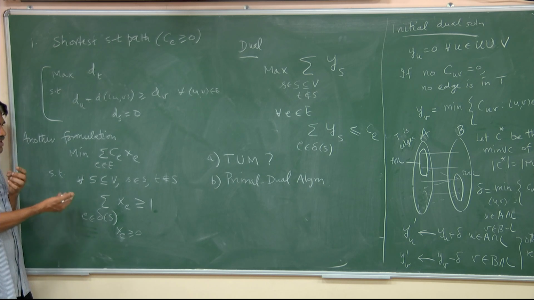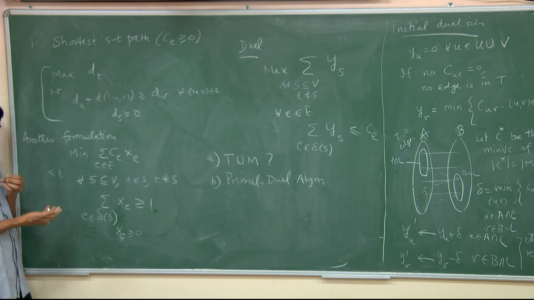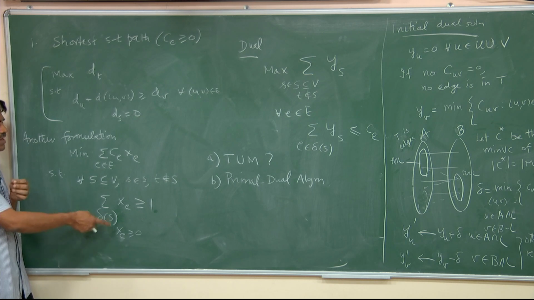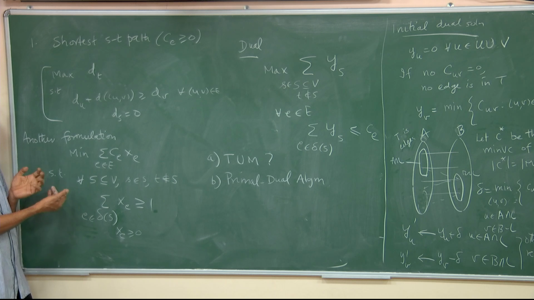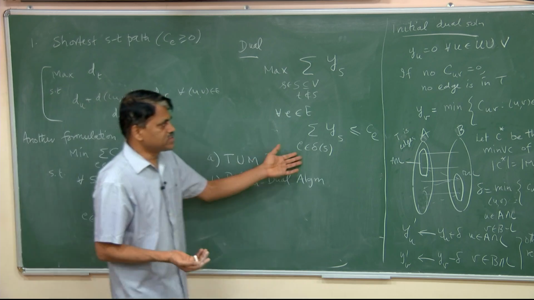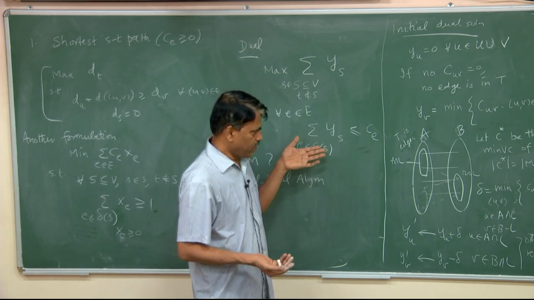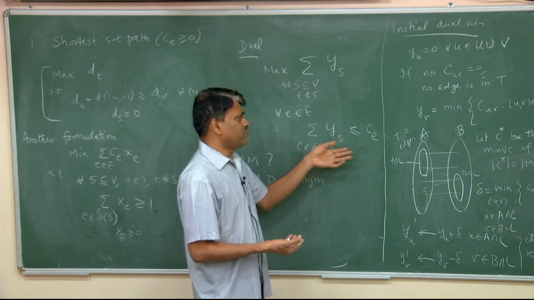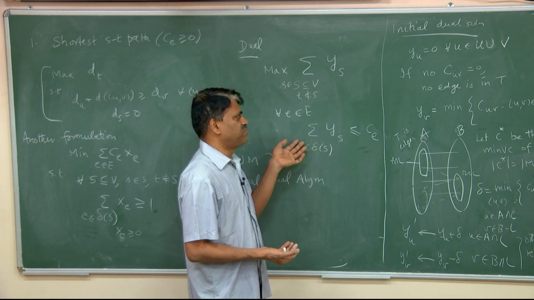And which x's am I going to pick into my solution? Complementary slackness tells me that I'm going to set my x_E into my solution only when the corresponding constraint is tight, right? So when I set everything to 0, nothing is tight.